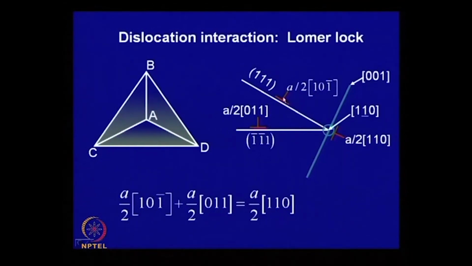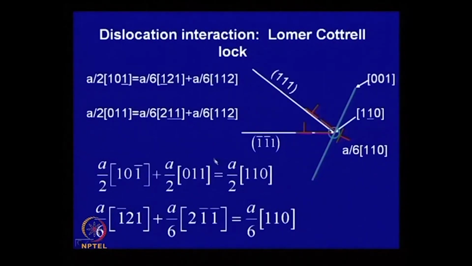Now, what happens if the crystal has a low stacking fault energy? So, instead of this perfect dislocation, it will be made up of 2 partials. In that case, which is shown over here, they are made up of 2 partials, and when the leading partials interact, which is shown here, you get another partial dislocation, which is a by 6 1 1 0.